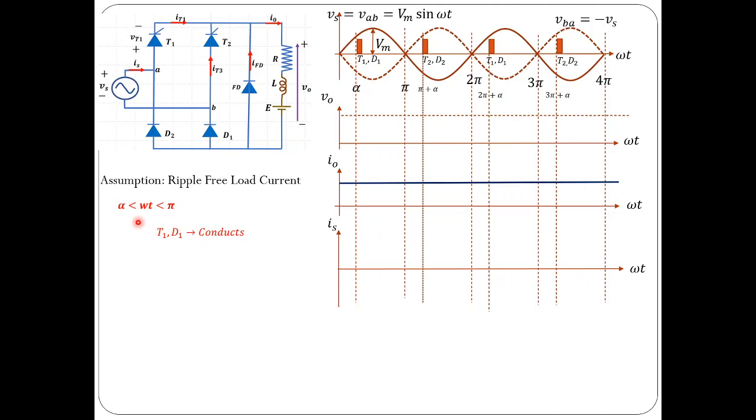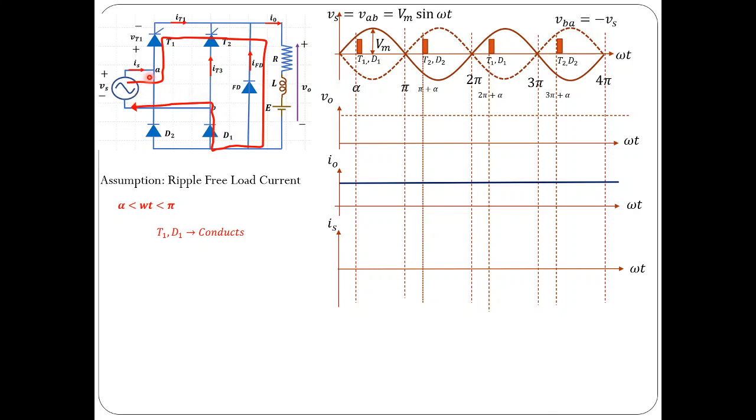So now coming to the operation, omega t ranging from alpha to pi. At alpha T1 is fired, so T1 and D1 come into conduction, so both are going to conduct, and the conduction path of the current is from the source to T1 and then the load, and coming back to the source through D1.